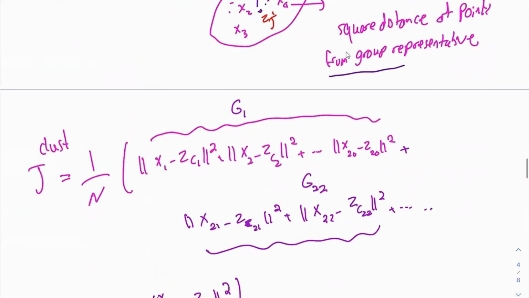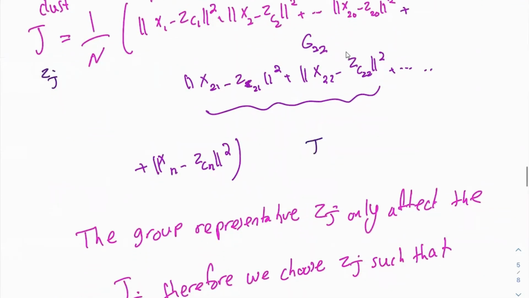Then we are trying to minimize these quantities over Zj. So we are trying to minimize this J class over Zj. Okay, great. But now, wait a minute here. We just saw that J class is equal to J1 plus J2 plus Jj, let's say all the way to Jk.